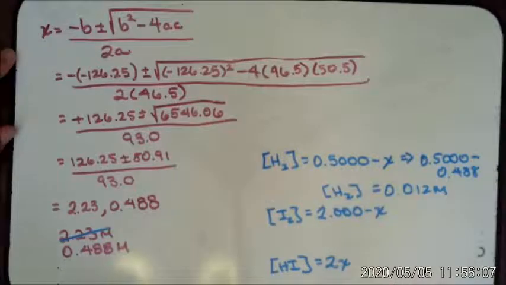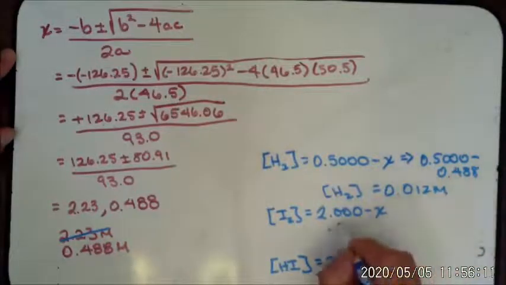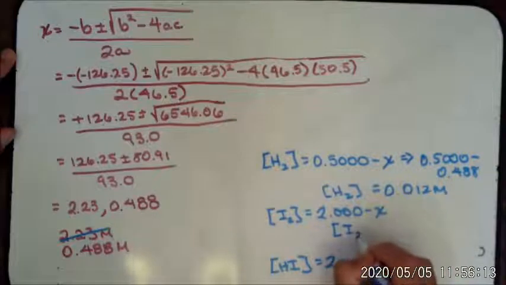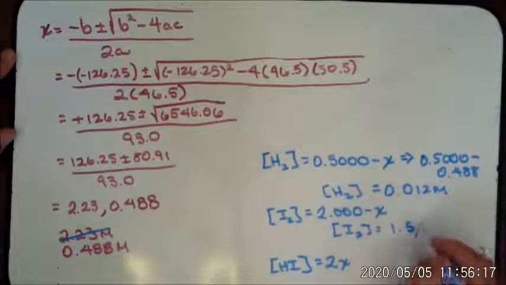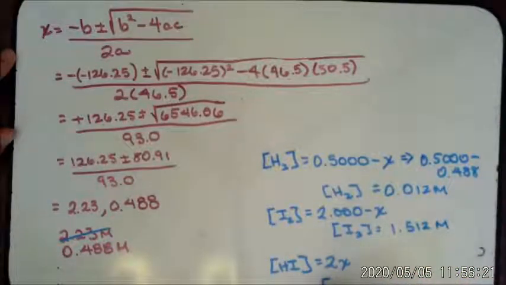In this case, 2 minus 0.488, that's going to be equal to 1.512 molar for the iodine. And for my hydrogen iodide gas, that's going to be 2 times 0.488.